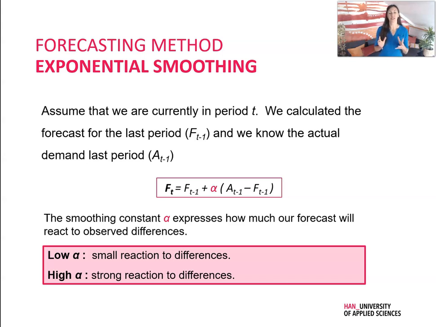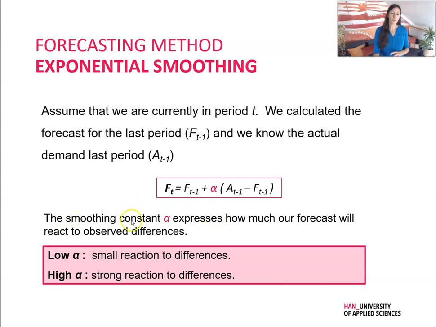So it's a percentage. To the forecast of August, we're going to add a percentage of the difference between what we sold in August and what we forecasted in August. So we're taking a percentage of the error that we had for the previous month.